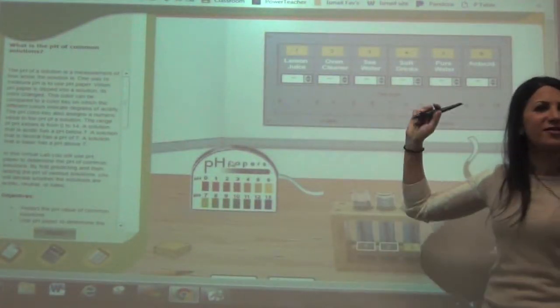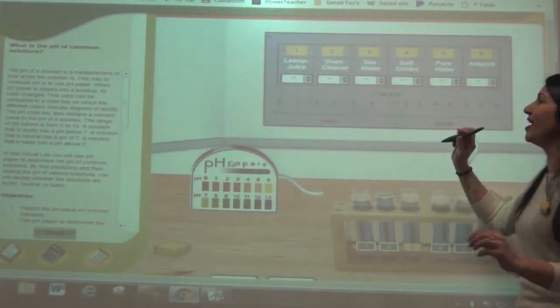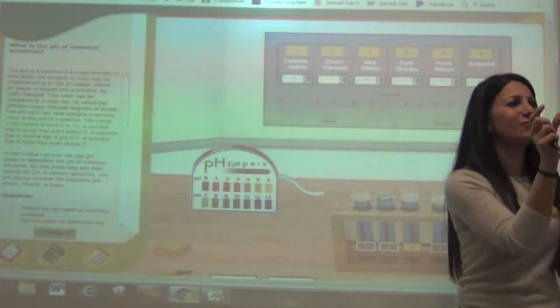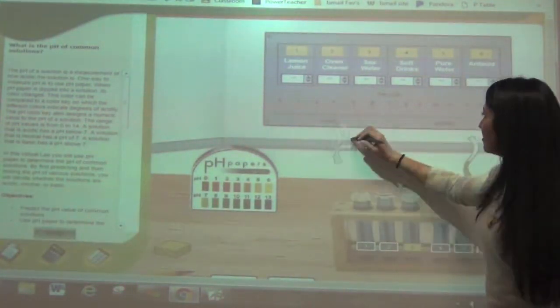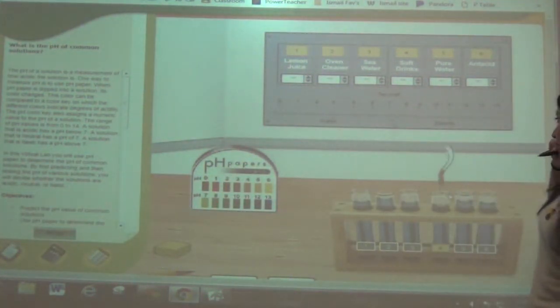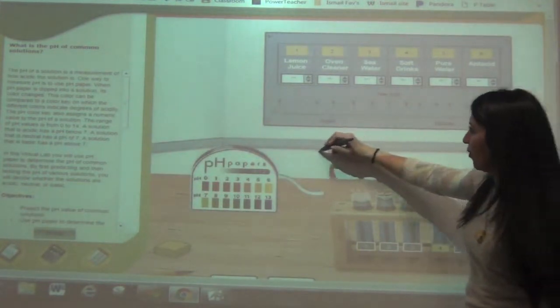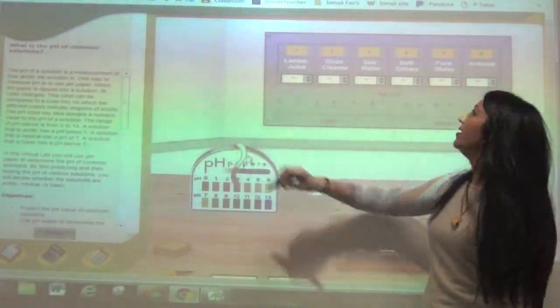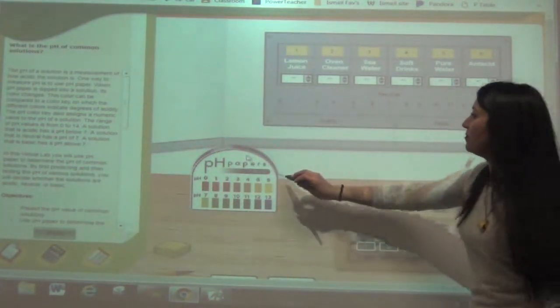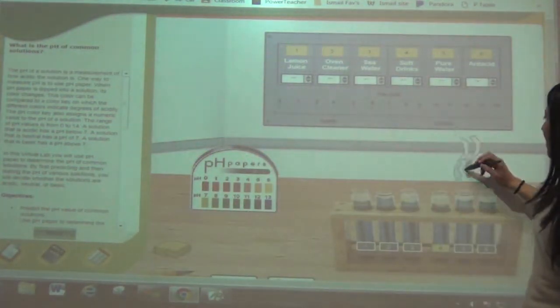Soft drinks, what about soft drinks? Acidic, good. You've heard of phosphoric acid, and you see right on the label that it'll say carbonic acid. If we dip this into solution number 4, we can see that this is more of an orange color, so somewhere around the 2 or 3 range again. Pure water. What should pure water be?